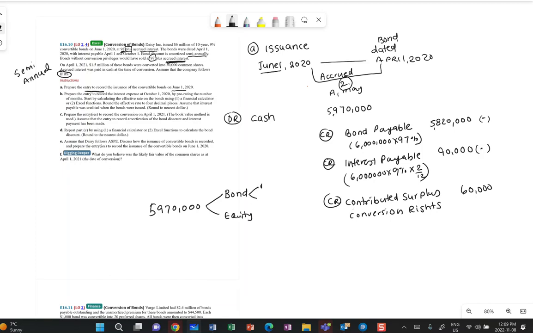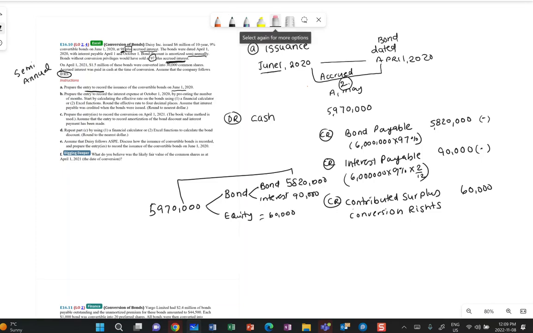Under the liability we have two things, bond and interest payable. This is 90,000, this is 5,820,000. The difference between this and these two numbers is your equity portion, which is your 60,000.